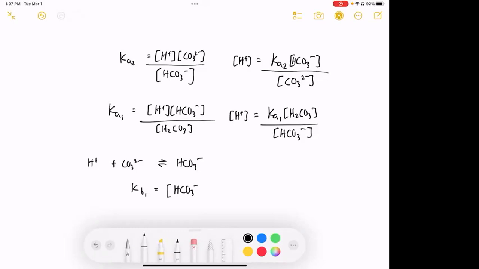So that gives us HCO3 minus gives us H plus CO3 2 minus.